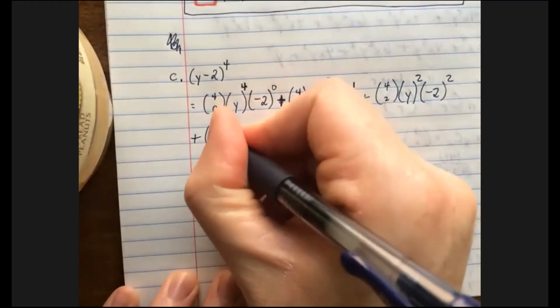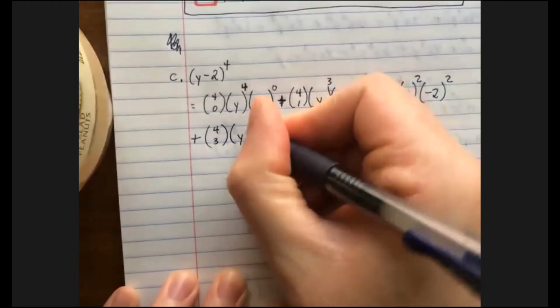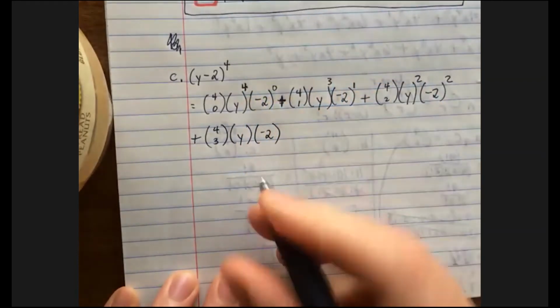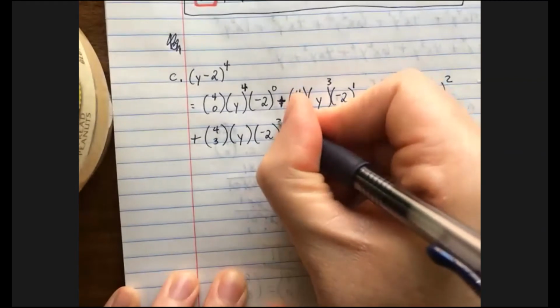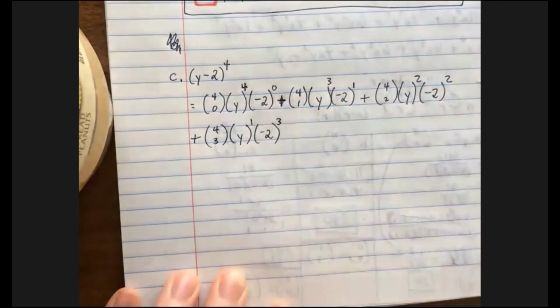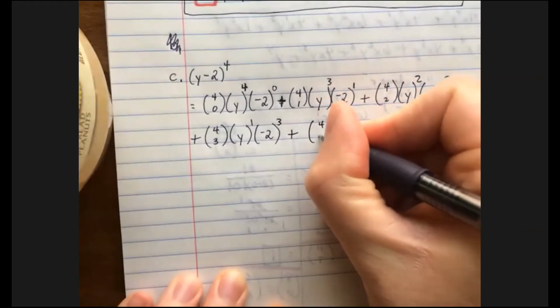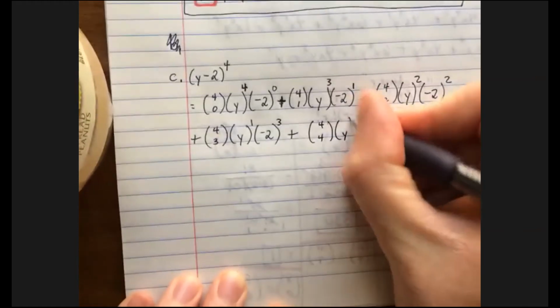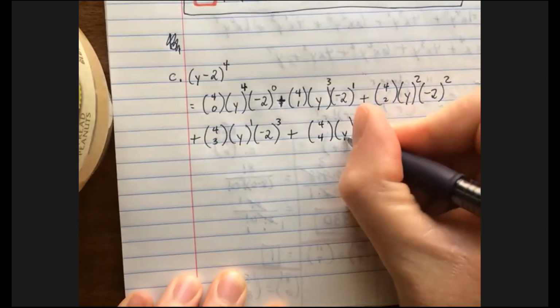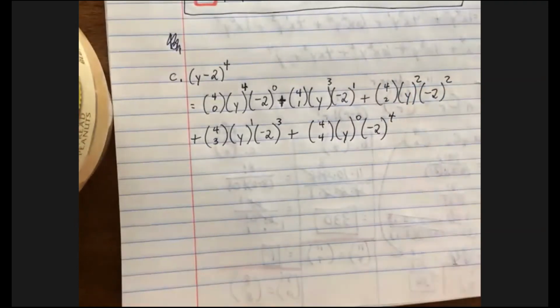Now we're at 4 choose 3, which is going to be just a y and the -2 cubed, y to the first, right? Okay, and then 4 choose 4, which is going to be y to the 0, -2 to the 4th.